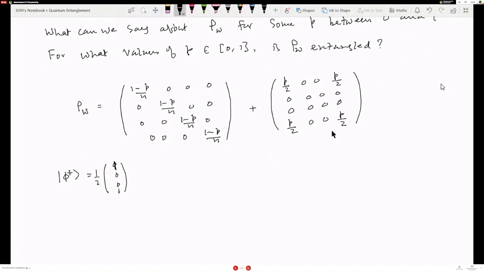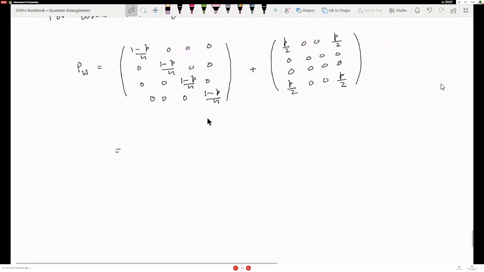Okay, so this is our matrix. We can write it as a 4 by 4 matrix of this type.